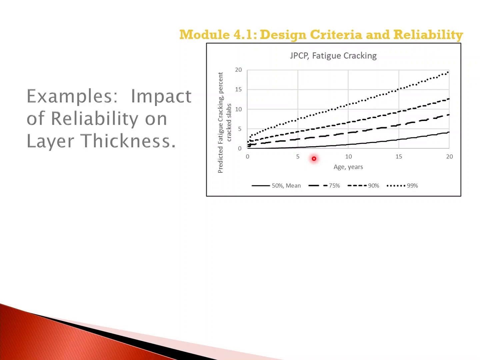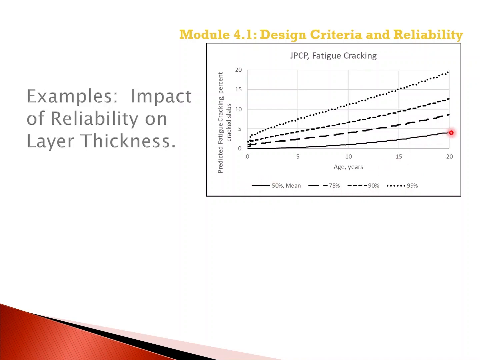We're going to start with the examples on the impact of reliability on layer thickness. The y-axis in these is the predicted fatigue cracking, percent cracked slabs, for jointed plain concrete pavement with age. And there are four reliability levels shown here.